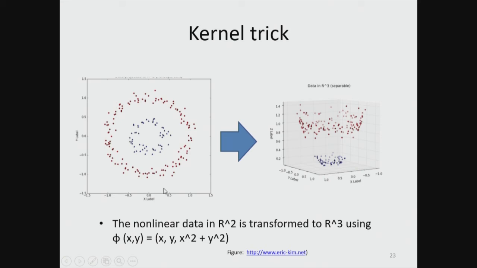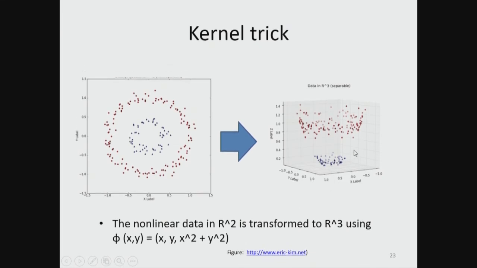Since x and y are there, we can calculate x square, we can calculate y square, we can add them up. That means for every (x, y), we have an additional component x square plus y square, and correspondingly we have x, y and z coordinates for every element in the original figure. Therefore, this picture can be transformed to this picture using this transformation given by phi of (x, y) equal to (x, y, x square plus y square).